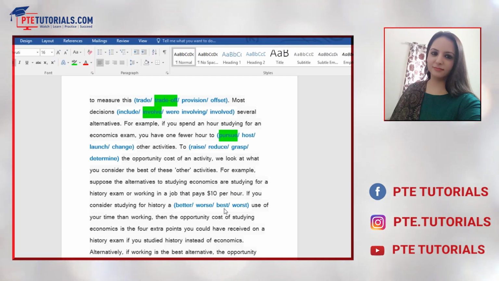You know what? I always believe that there are two types of things in this whole world. Half of them will be positive and half will be negative. Some of them will be positive, some of them will be negative.